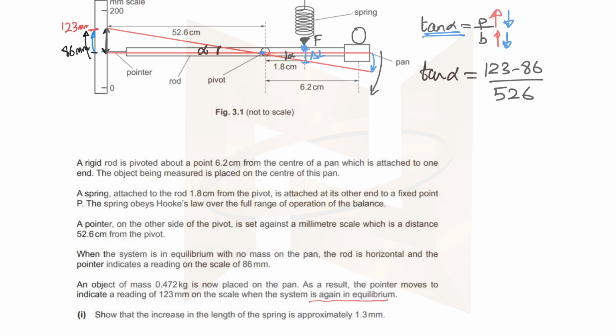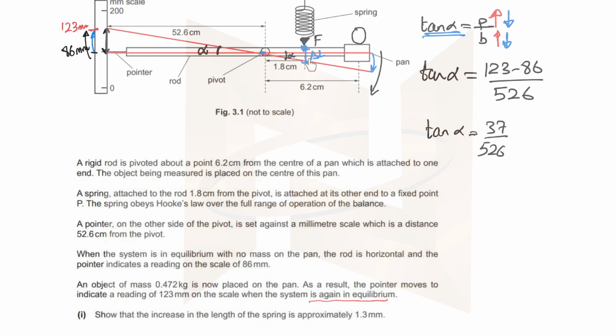So tan alpha turns out to be 37 divided by 526, right? And now let's apply tan alpha to this triangle. The answer should be the same.